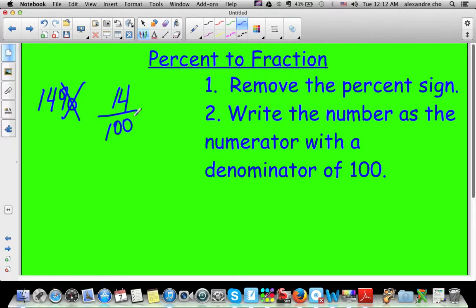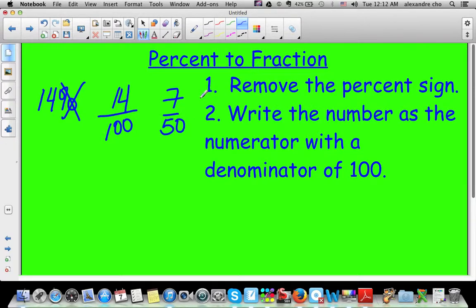Remember, 14% is a ratio, the part to total ratio, always compared to 100. So we have 14 out of 100. That's what it means. We can simplify this, divide top and bottom by 2, get 7 over 50. So that's what 14% means as a fraction.